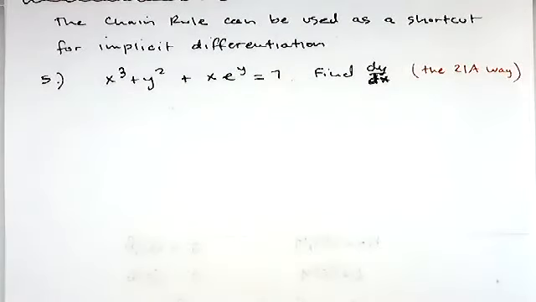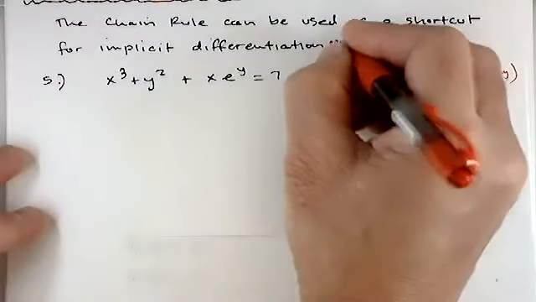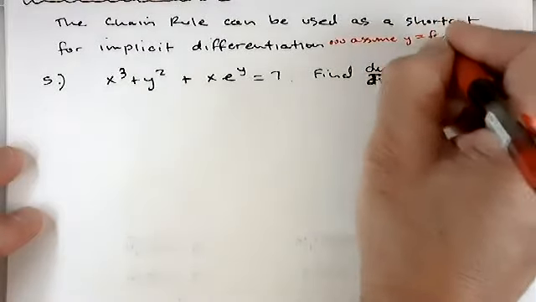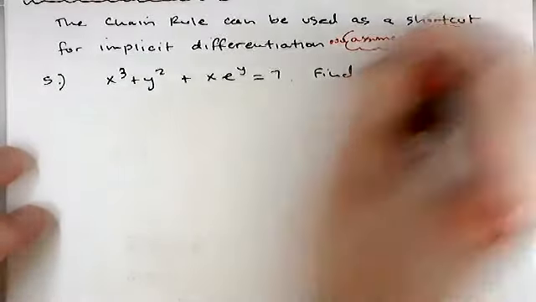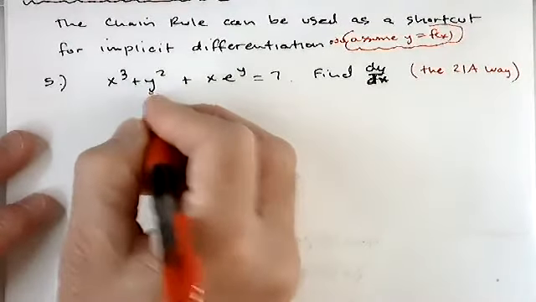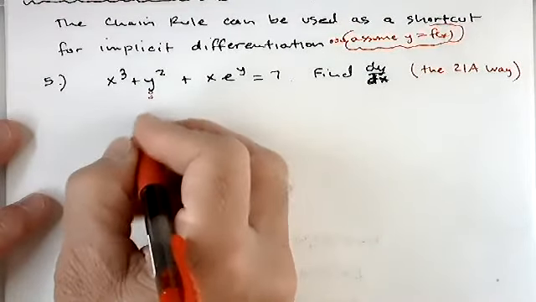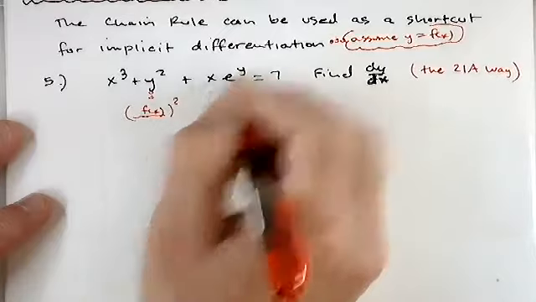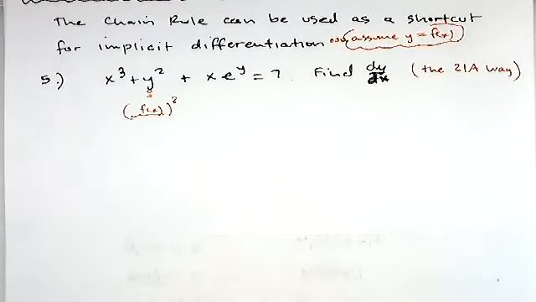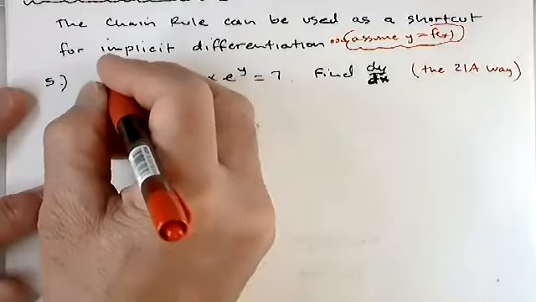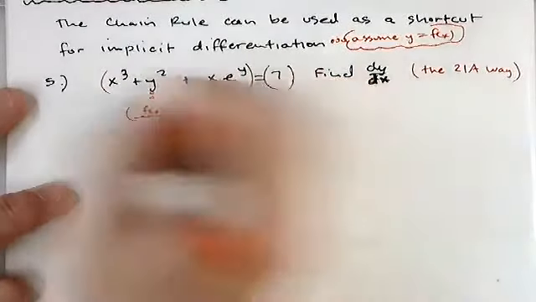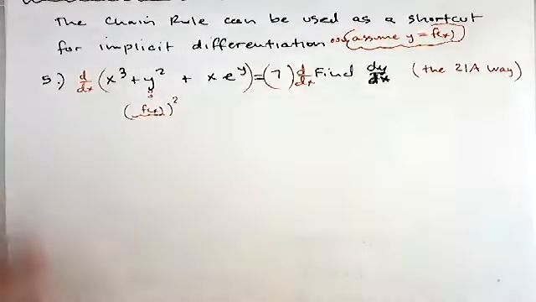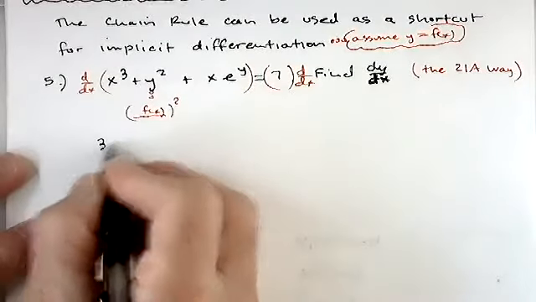What implicit differentiation was all about is that if we assumed y is some function of x, in other words, when we see y squared, we're supposed to assume that there's some function of x being squared. And same thing up here, e to some function of x. Then what we found is if we just took the derivative of both sides of this equation with respect to x, the derivative of x cubed with respect to x is 3x squared.